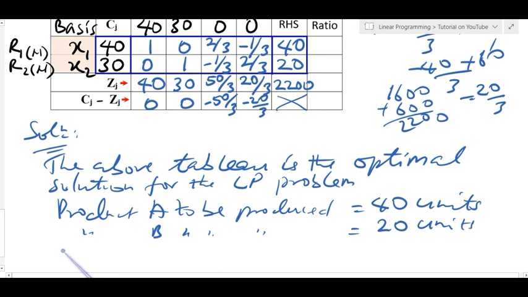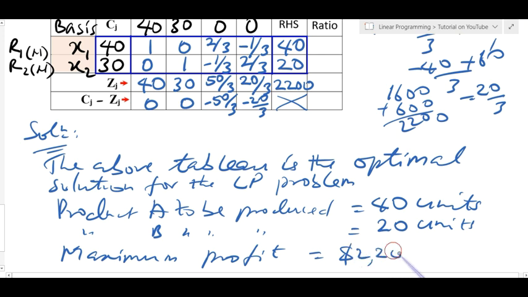And at the same time, now say maximum profit is equal to $2,200. That is the answer to this problem.